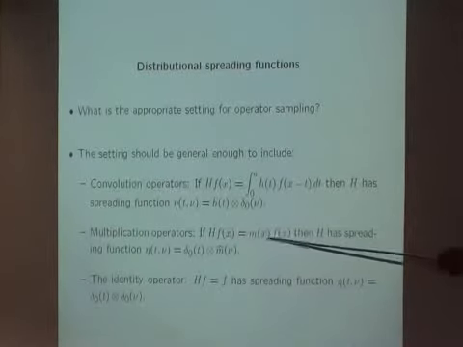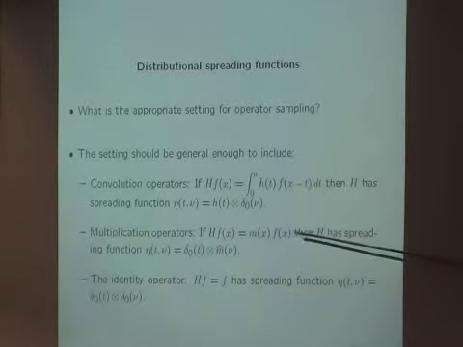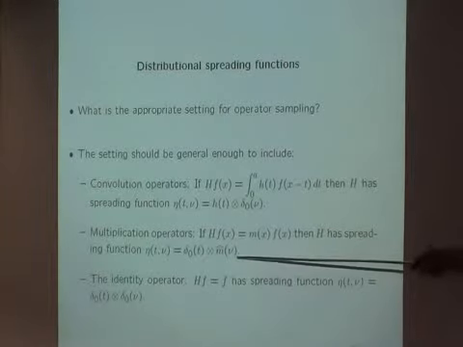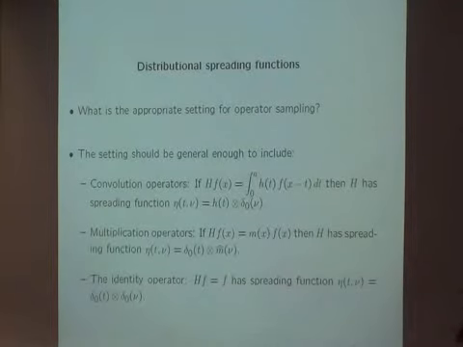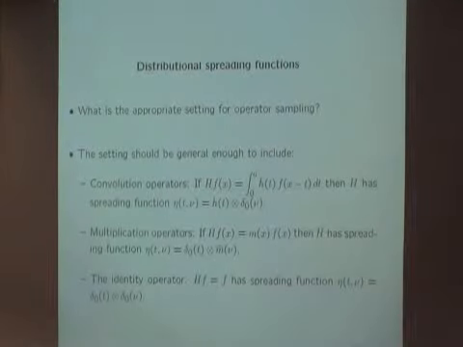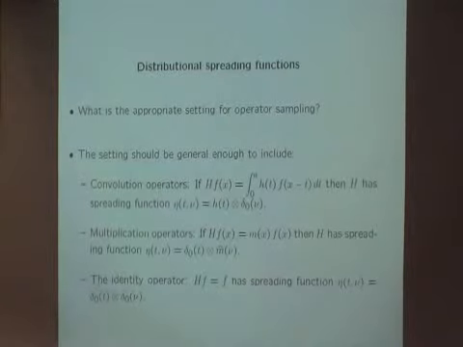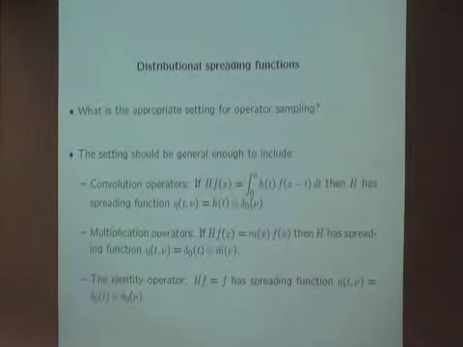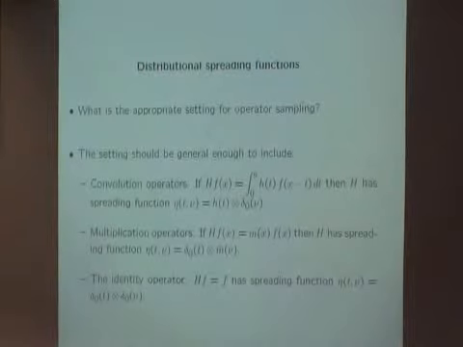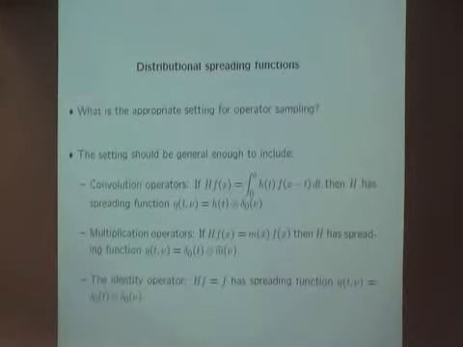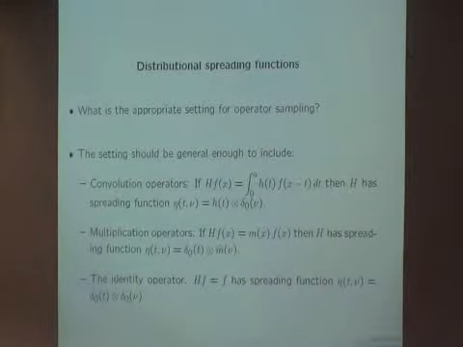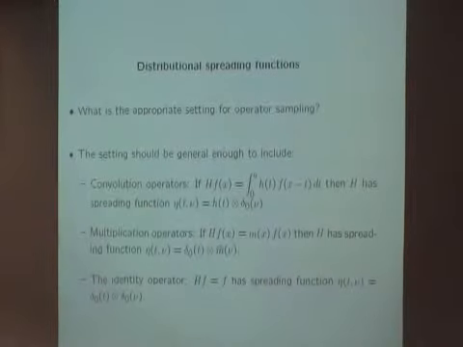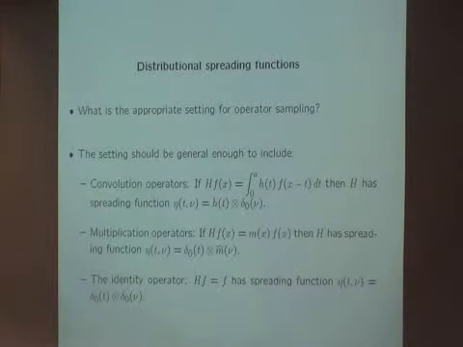So if h is just a multiplication, then the spreading function of h looks like this. Okay, and this, of course, would include the identity operator. So we'd like to have an operator class wide enough to say that if we have the identity, we should be able to identify it. So the identity would correspond to a distortion-free channel. So we'd like to be able to identify the identity.